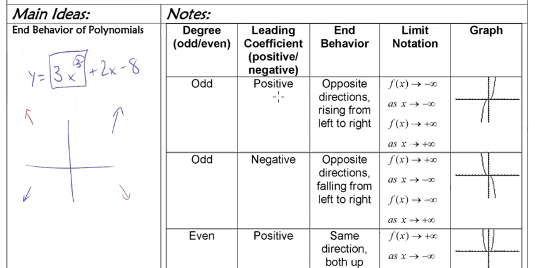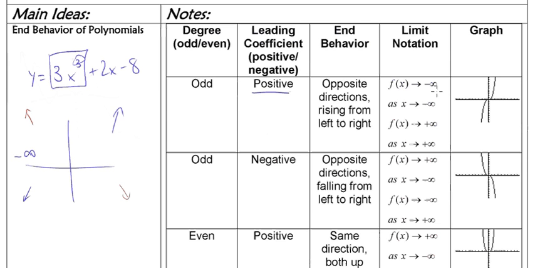When your leading coefficient is positive, actually let me color code it, it's going to be the blue one there. When your leading coefficient is positive, it's going to go in opposite directions, rising from left to right. Meaning as you plug in more and more increasingly negative numbers, the x value is heading towards negative infinity.